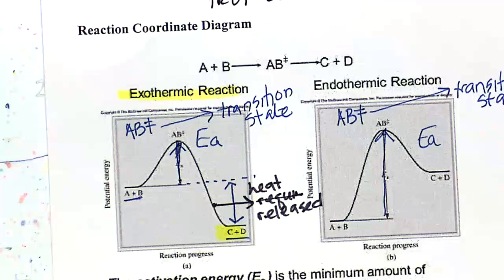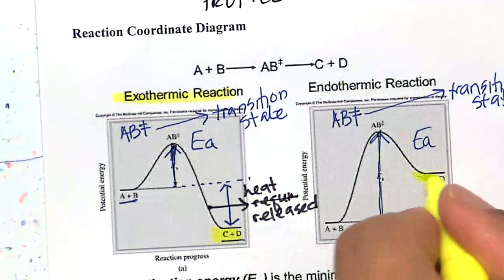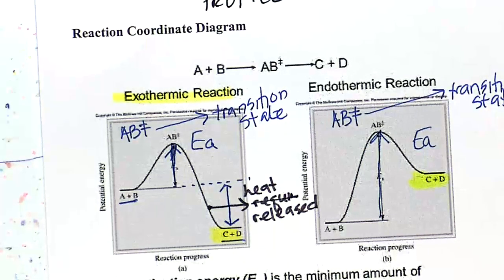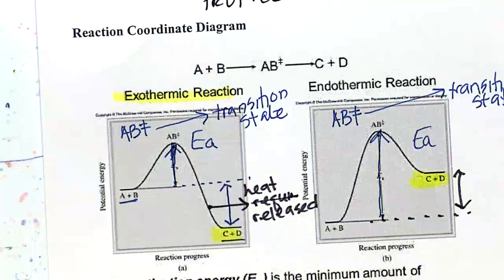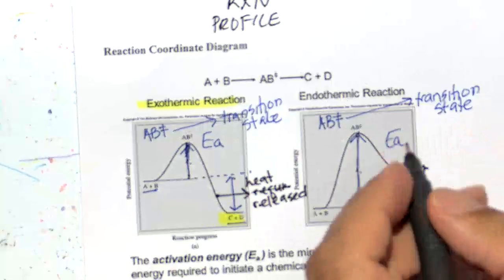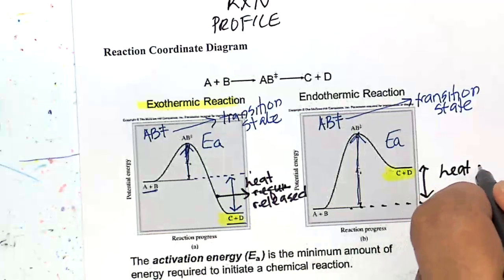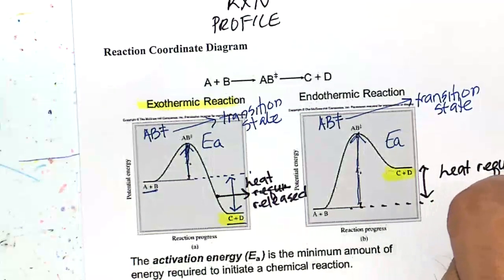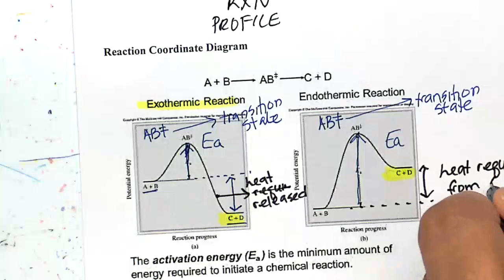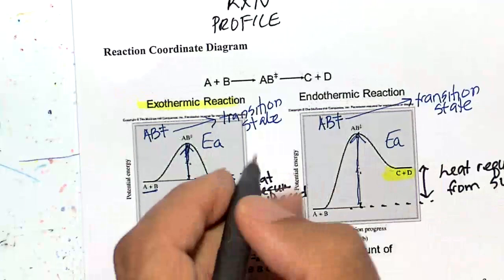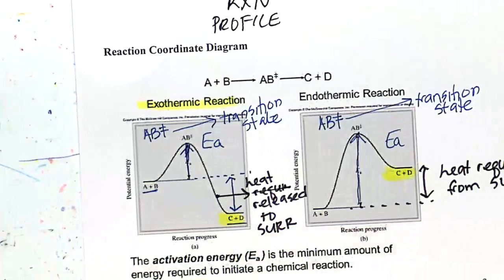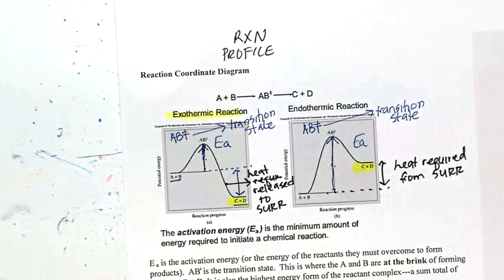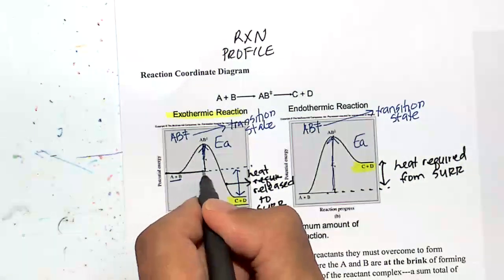Same thing, but this time when you have products, sometimes you need some energy. So this would be what we're going to call an endothermic reaction. The exothermic one is heat released to the surroundings. This is heat required from the surroundings. So that's the difference between an endothermic and exothermic reaction.